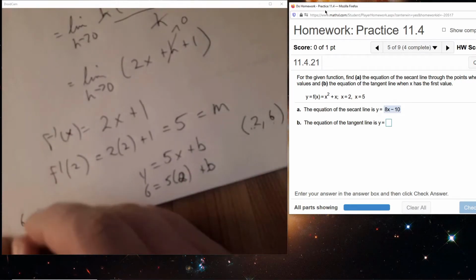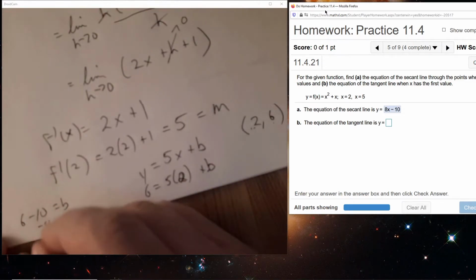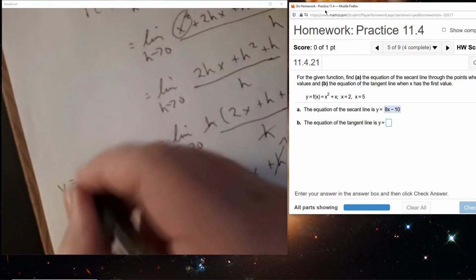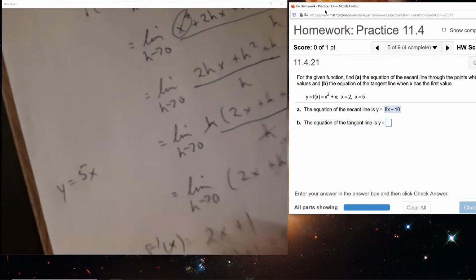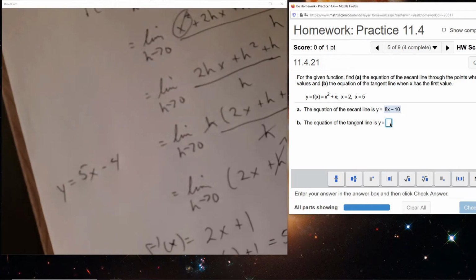So we'll have 6 minus 10 is what b is. So b is minus 4. So our final answer here is going to be the slope 5 that we found, and we just found b is minus 4. And that's the equation of our tangent.